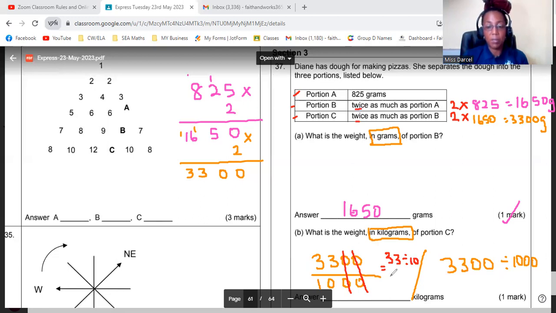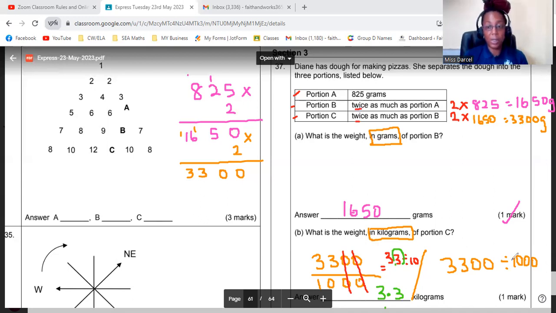So 33 divided by 10, we're going to bunny hop. So our decimal point starts here. We move one space to the left. Bam. So our final answer is 3.3 kilograms.